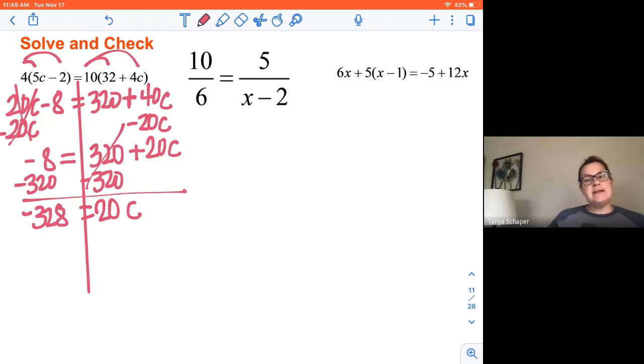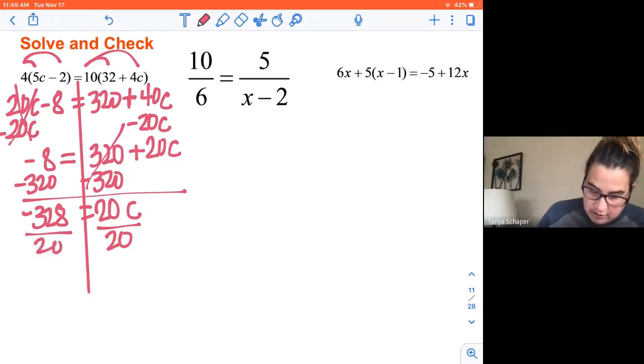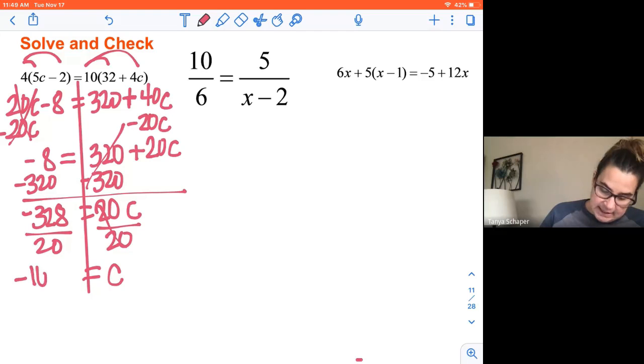And my last step is to undo that multiplication. So I'm going to divide because division undoes multiplication. So C equals negative 16.4. Negative 16.4.